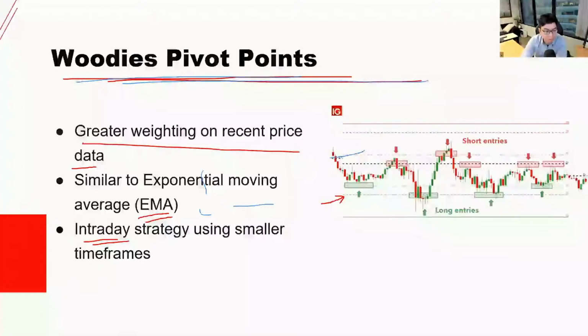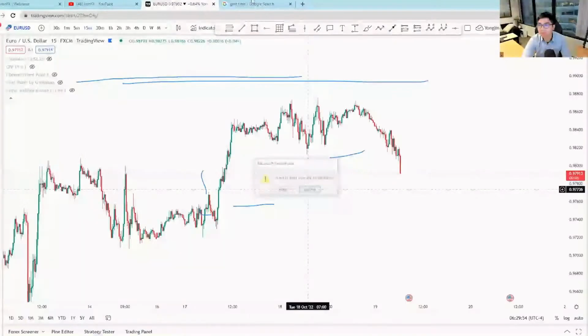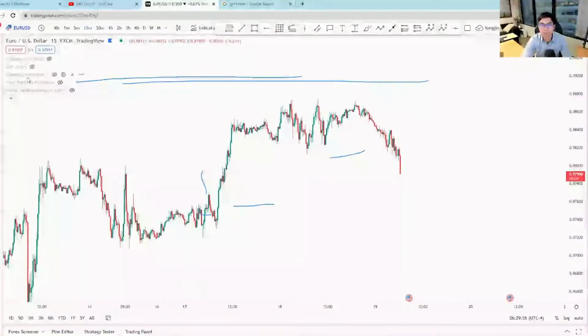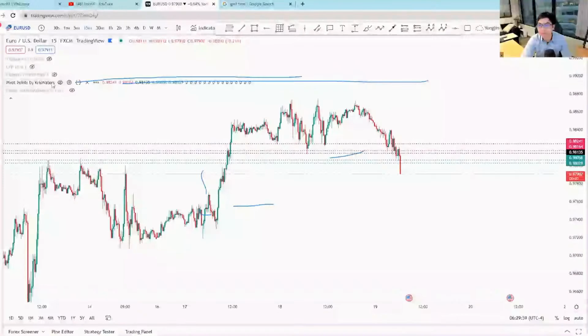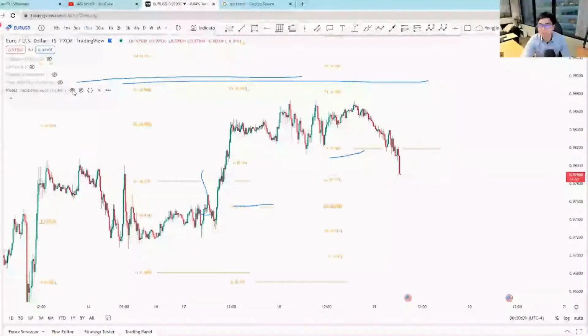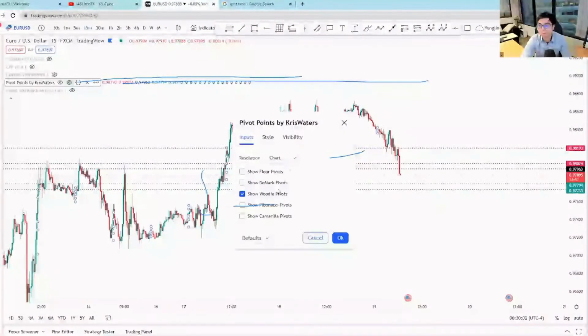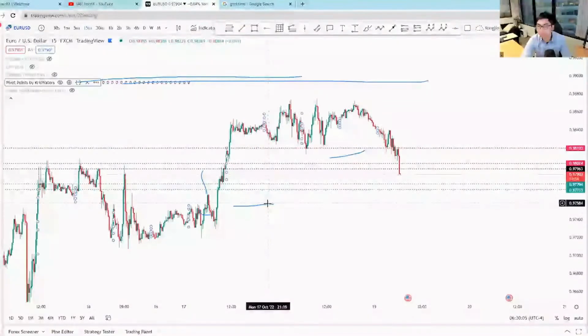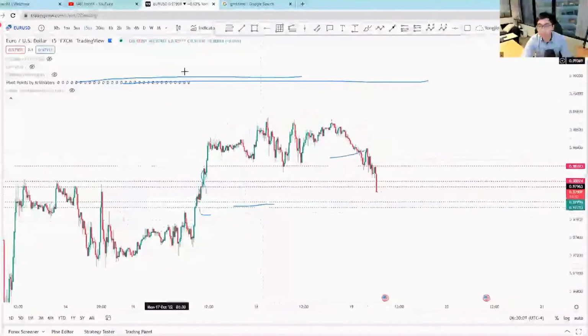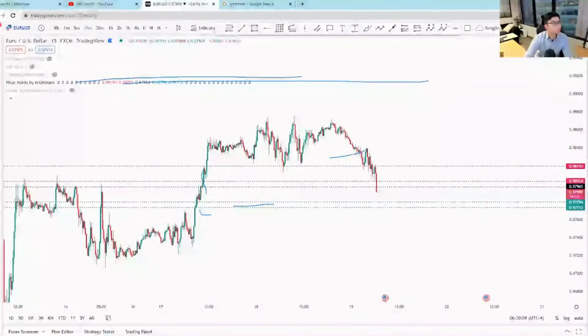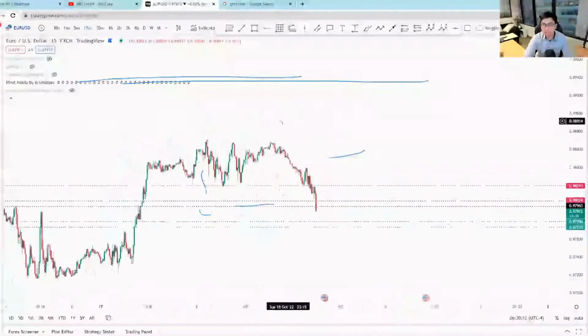Okay, let's move on. I can open the chart again to present the Woody's pivot points. Okay, I think it might be this. Okay, my screen has all these lines. How do I remove it? Can you guys actually see the blue lines on the screen?